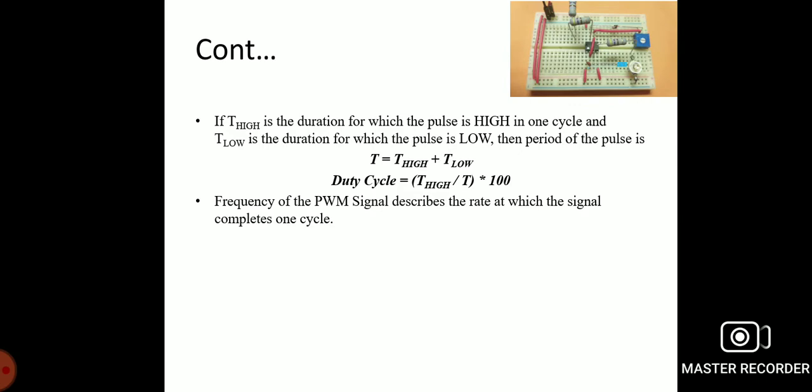So we can easily calculate the duty cycle of the timer. With the frequency of the pulse width modulation, it describes the rate of the duty cycle. That is T high divided by total time, multiplied by 100, for which the signal is complete for one cycle.